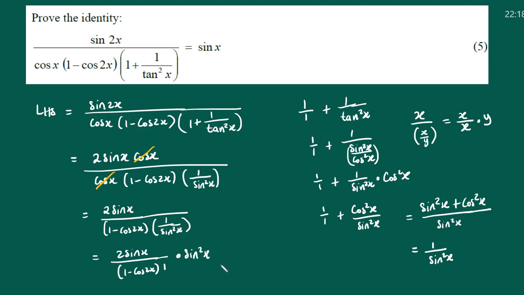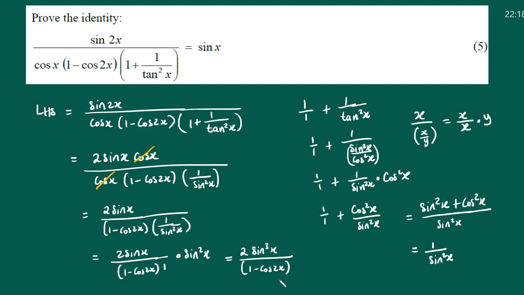Sine squared x, isn't it? Then in that way you're going to have 2 sine cubed x all over 1 minus cos 2x. Good. You are here now.